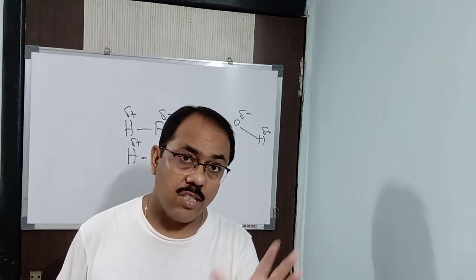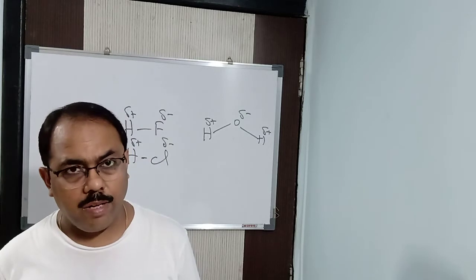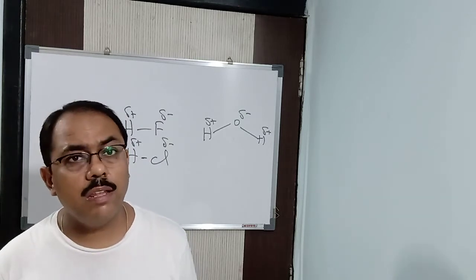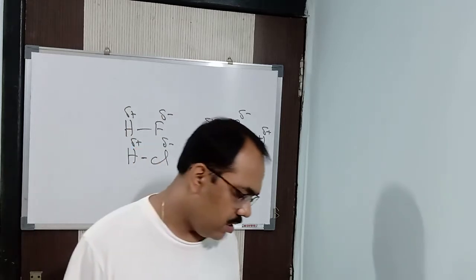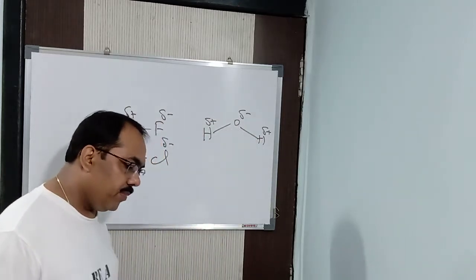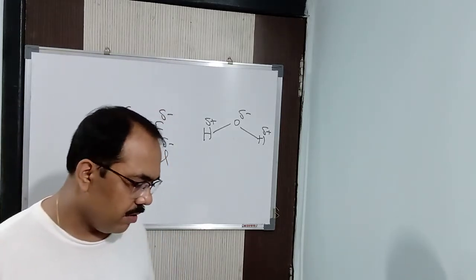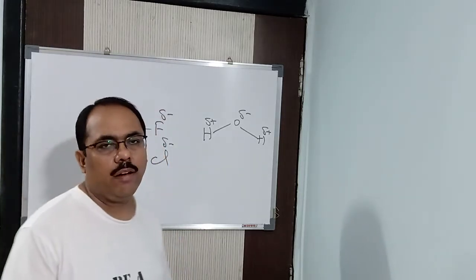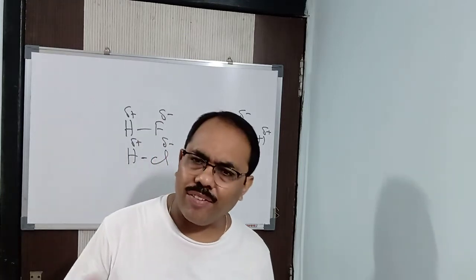You cannot use them as you wish. So polar character develops when there is a difference in charges, when there is a difference in electronegativity. Greater the electronegativity difference, greater is the polarity. Clear? Fine. Now how will you measure it? Actually, see, electronegativity is a tendency, so it is very difficult to measure it.